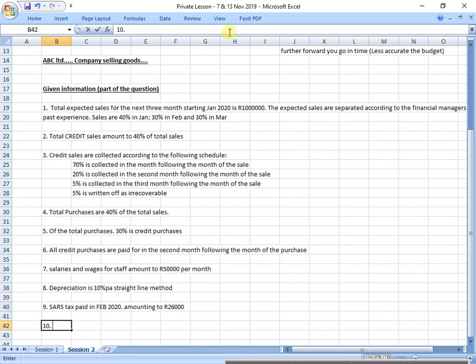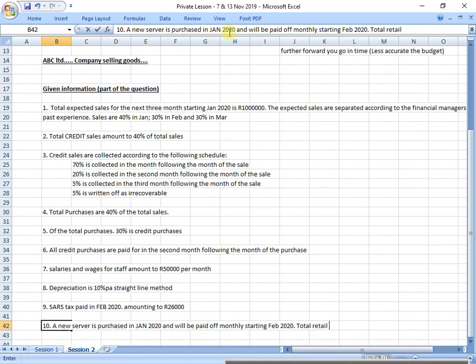Okay, let's do one more. A new server is purchased in January 2020 and will be paid off monthly starting, let's say, February 2020.